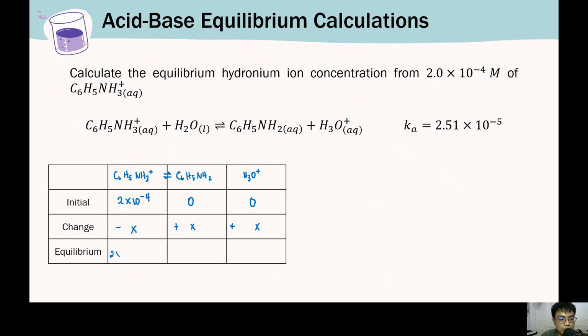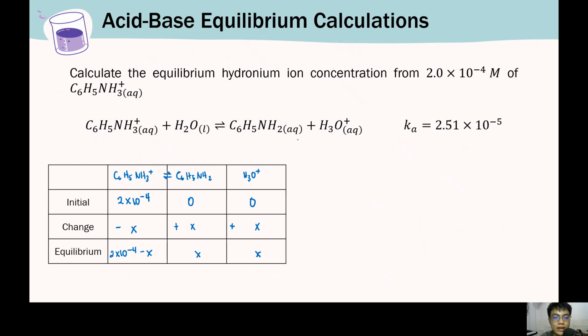This will be 2 times 10 raised to negative 4 minus x, then x, and another x. Now, what we're going to do is get the value of x by plugging these equilibrium expressions into our K expression.